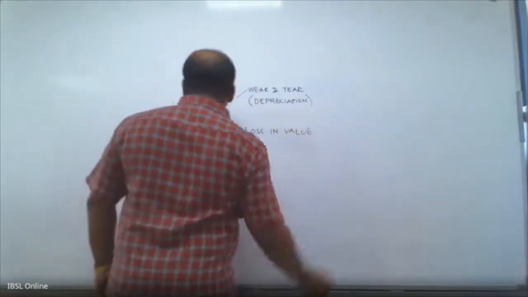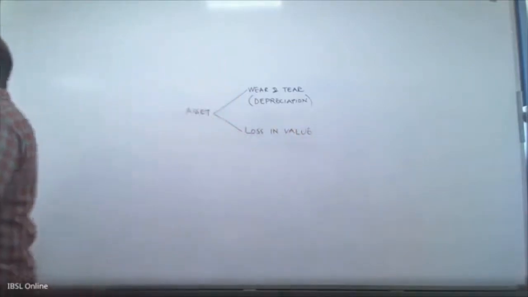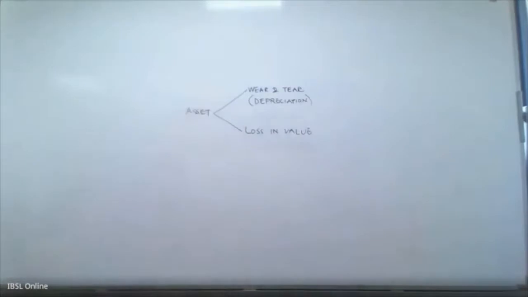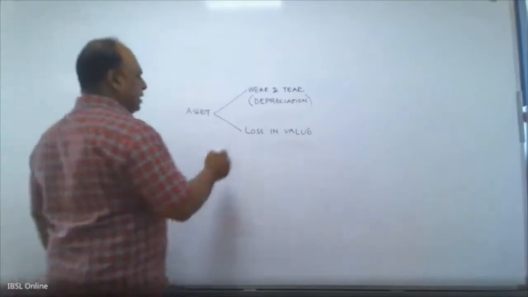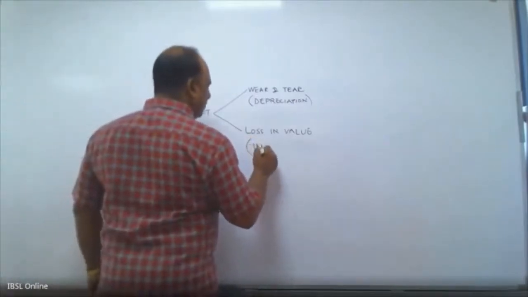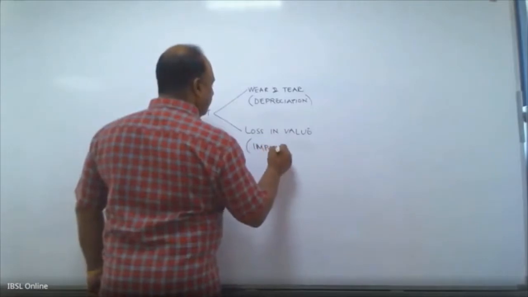This loss in value, or the expected loss in value, has to be accounted for, right? There are various ways and means of doing it, but one such mechanism is impairment.